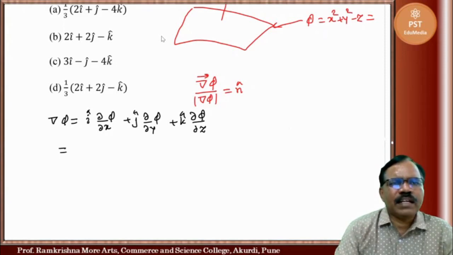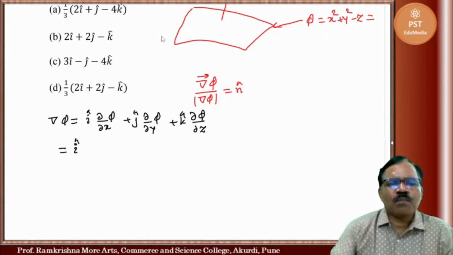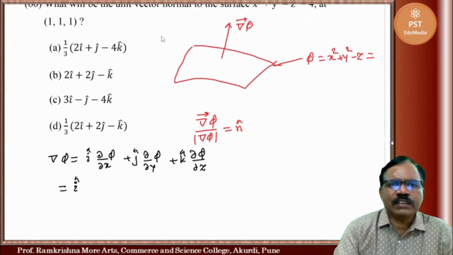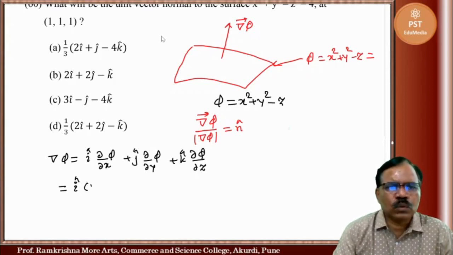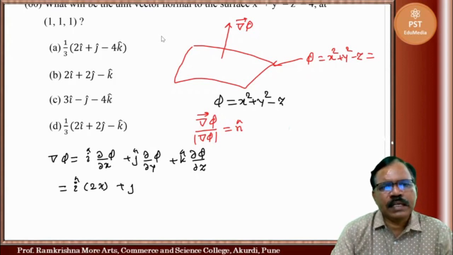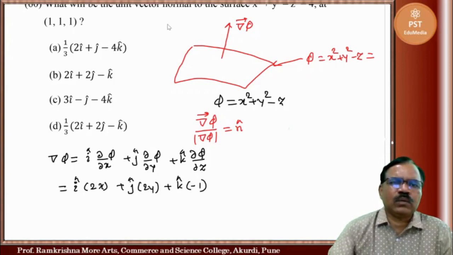So del phi, it is i. Now phi is what? Phi is x square plus y square minus z. So del by del x it is 2x, plus j times you will get 2y, plus k times you will get minus 1 with respect to z.